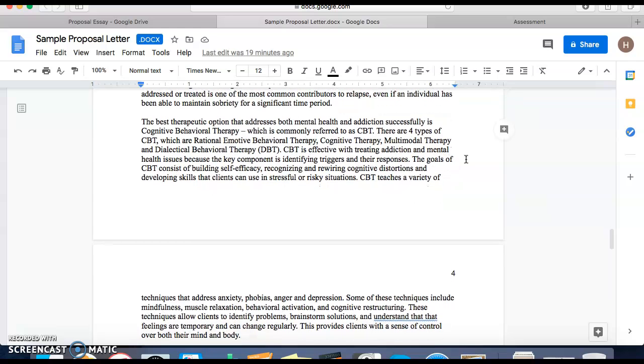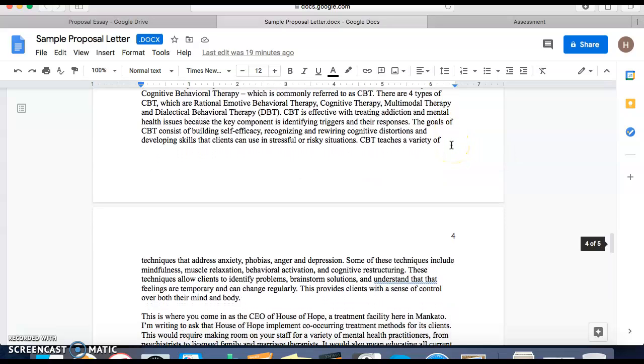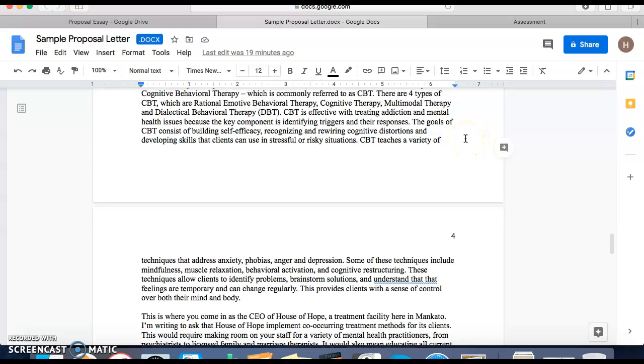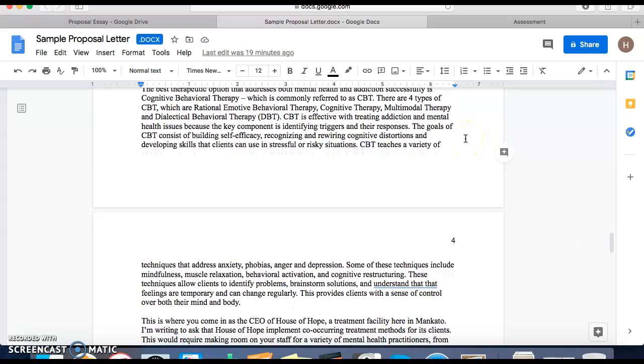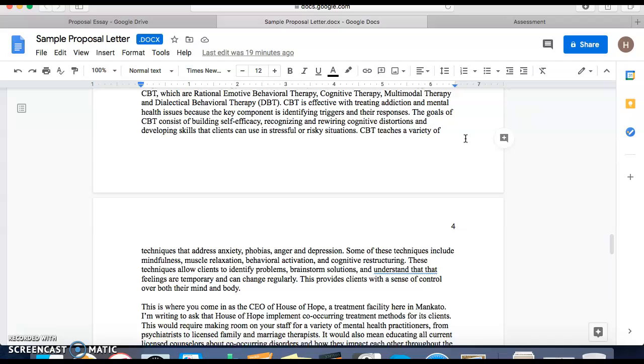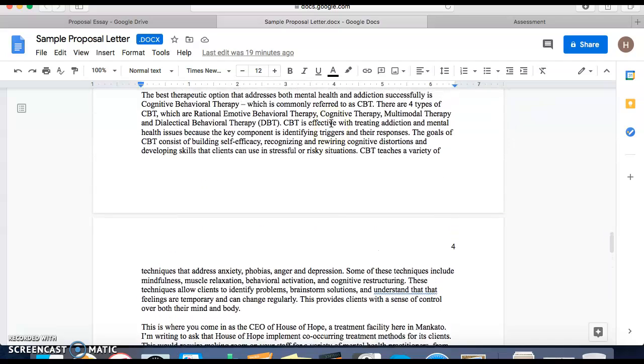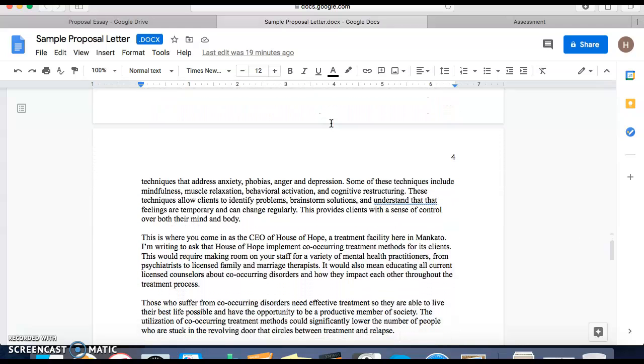So then she moves into defining exactly what different types of co-occurring treatment methods there are. She talks about a specific type, which is CBT, or cognitive behavioral therapy, and just gives a good definition of that, some background information there.